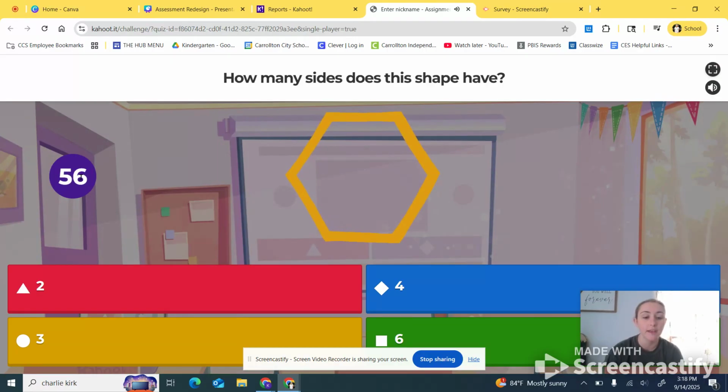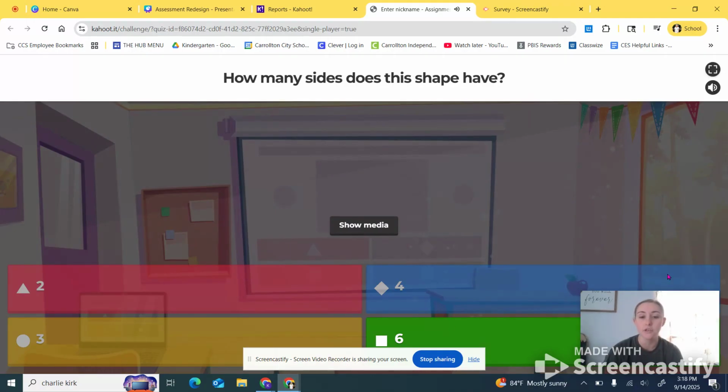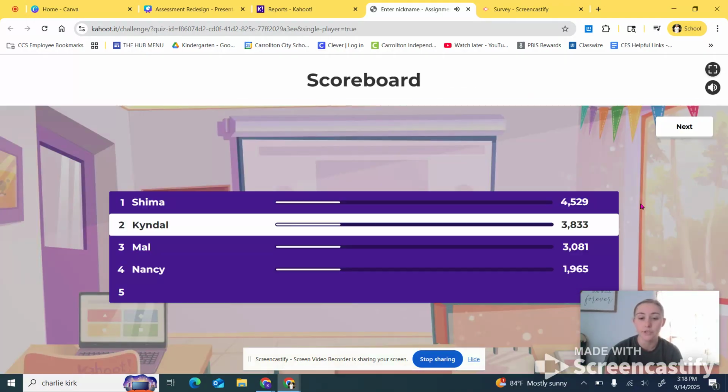Over here, it actually shows the time that students have. They're given a minute per question, which I can alter for my kids that might need more time. One good thing about the picture is that it allows the kids to actually count how many sides there are to the shape so they can answer that question.